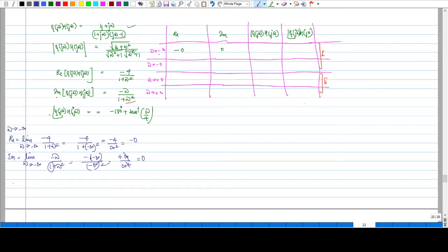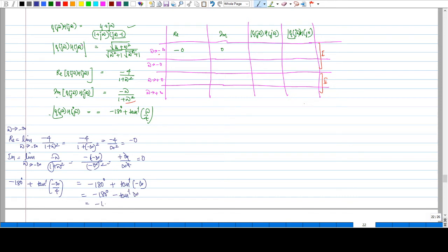Next, coming to the angle, minus 180 degree plus tan inverse of minus infinity by 4. So this is equal to minus 180 degree plus tan inverse of minus infinity. This minus sign taken outside, 180 degree minus tan inverse infinity.